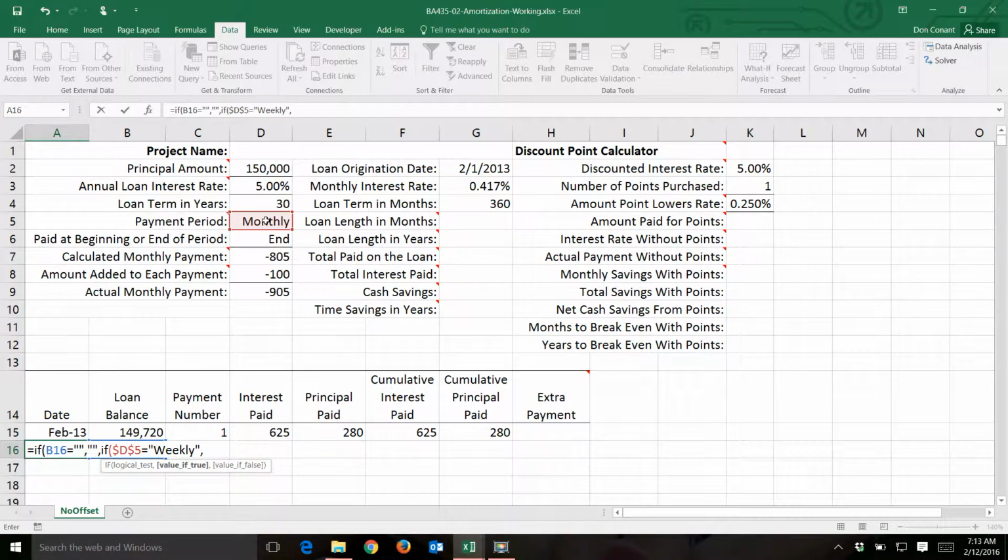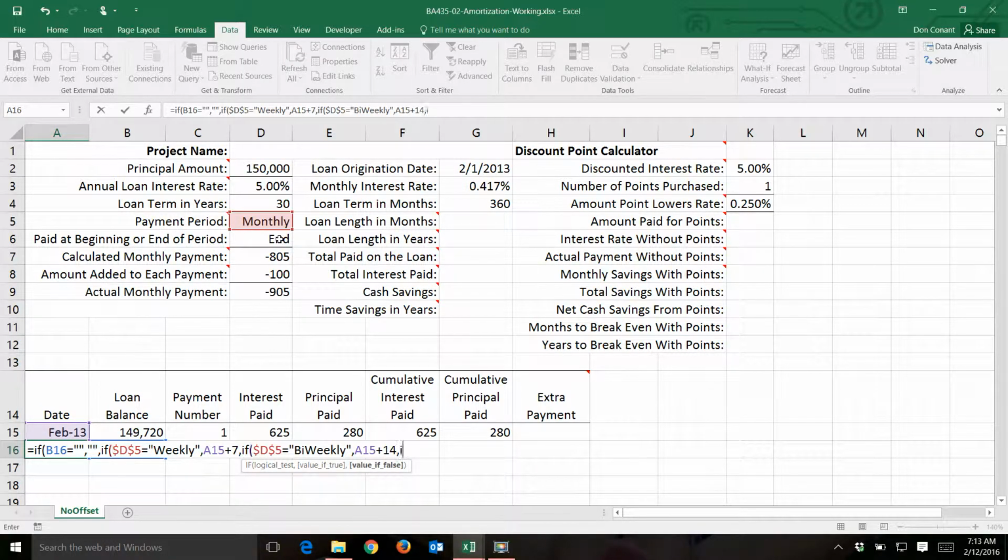If it does, we're going to take the date before us and add 7 days. If it doesn't, we'll take an IF. We'll take a look again at D5 and make that absolute to see if it equals biweekly. If it does, then we'll take the previous date and add 14 to it.